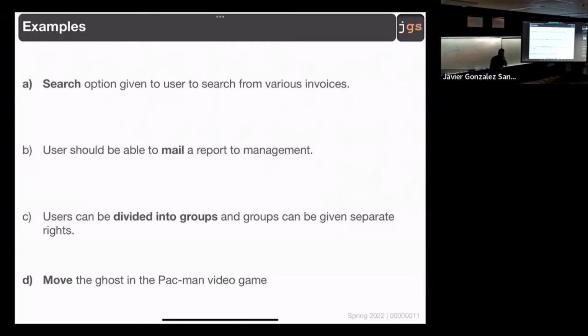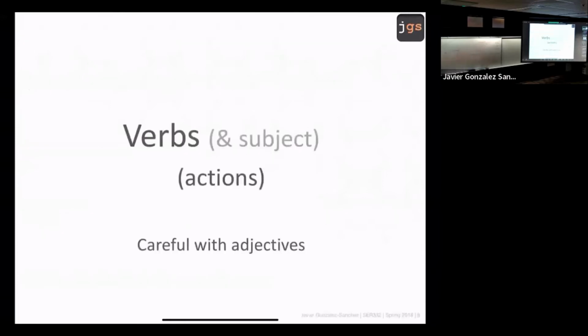We're going to talk later about these subjects, the ones that connect with the verb. A name that we're going to use for them later is actor. That particular guy, the one connected with the functional requirements, is going to be our actor.